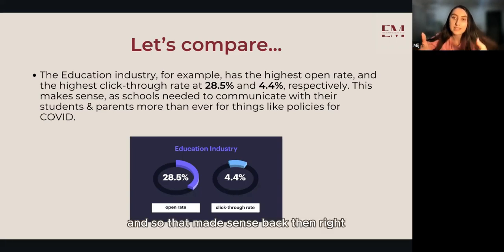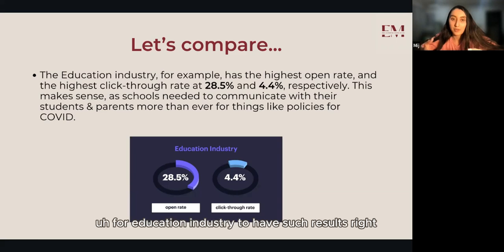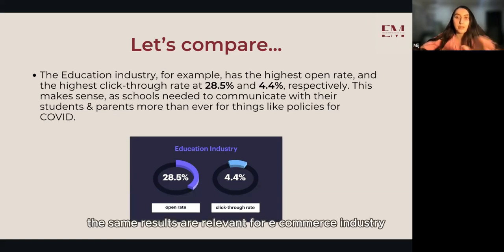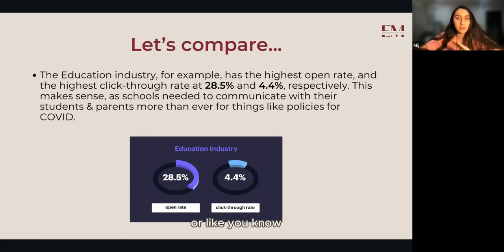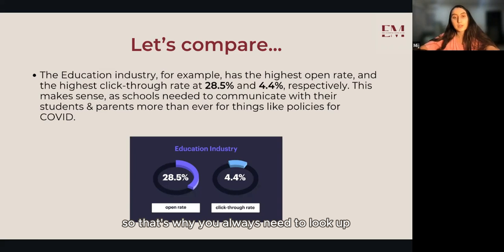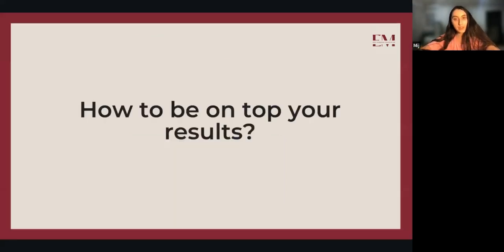And so that made sense back then for the education industry to have such results. But it doesn't mean that these same results are relevant for the e-commerce industry or any other industry that you're working at. So that's why you always need to look up what industry you're working at and also the latest benchmarks. So basically that's how it works.